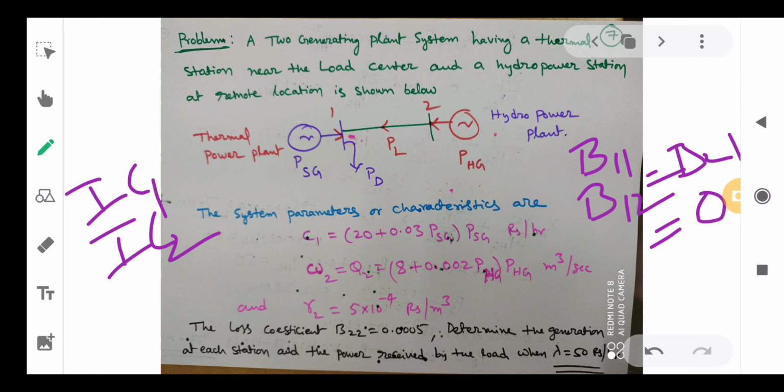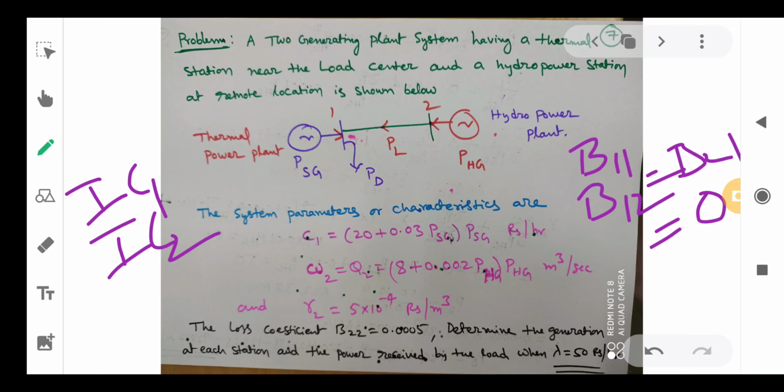The system parameters or characteristics are specified as C1 equal to 20 plus 0.03 PSG into PSG rupees per hour. Omega 2 equal to Q2 equal to 8 plus 0.002 PHG into PHG meter cube per second, and gamma 2 equal to 5 into 10 power minus 4 rupees per meter cube.